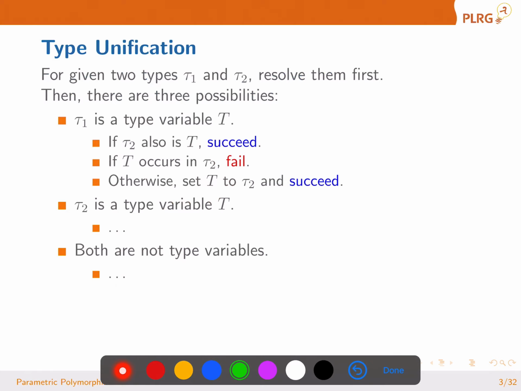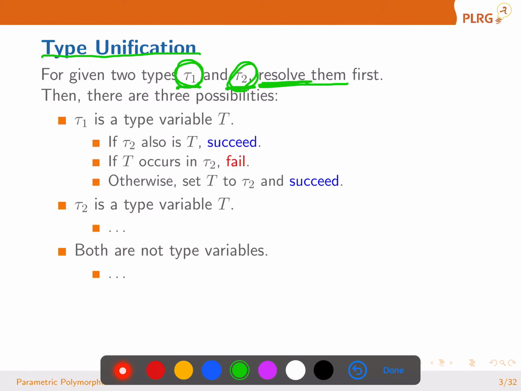Type unification is trying to make two types the same. So type unification is an algorithm which takes two types, tau1 and tau2. For the given two types, it first resolves them. Resolve meaning simplify them. We're going to see the definition of the resolve function again later. When we simplify those two types, let's call those simplified resolved types tau1 and tau2 again.